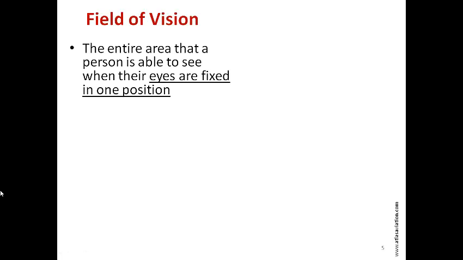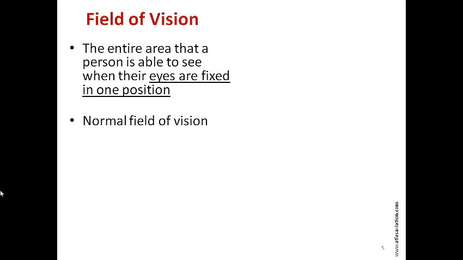The other term that we need to know is called field of vision, or FOV. This is basically the entire area that a person is able to see when their eyes are fixed in one position. So for example, if you're looking straight ahead or looking down your nose, whatever peripheral vision you have, meaning whatever you can see from the side of your eyes, is included in your field of vision.